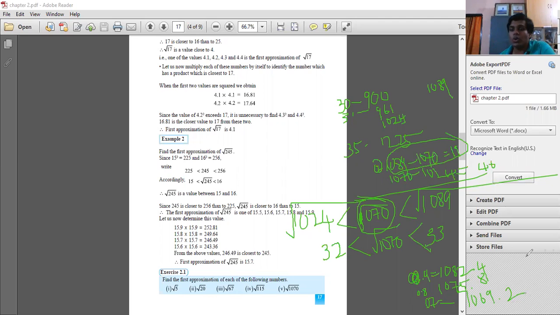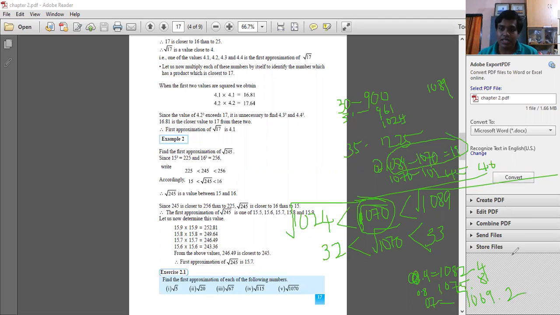So what are the two closest? 1075.8 and 1069.2 are the closest to 1070, while 1082 is further away. Now we find which is closer: is 1075.8 closer to 1070, or 1069.2?